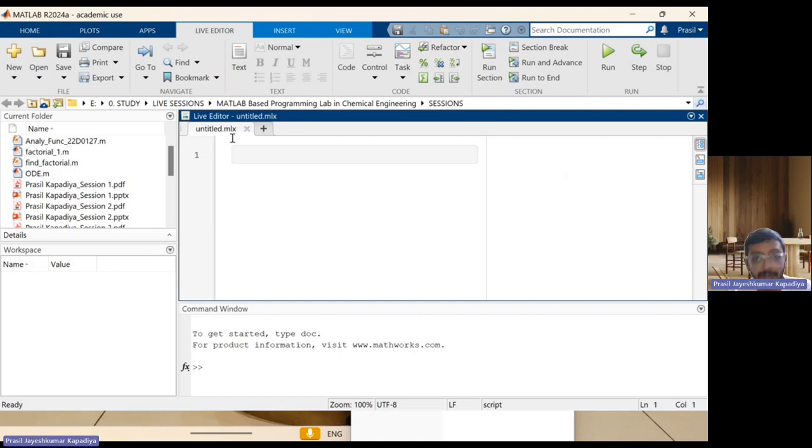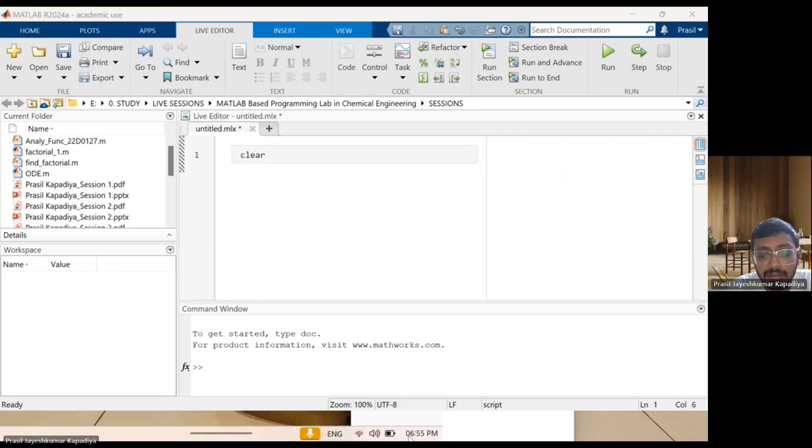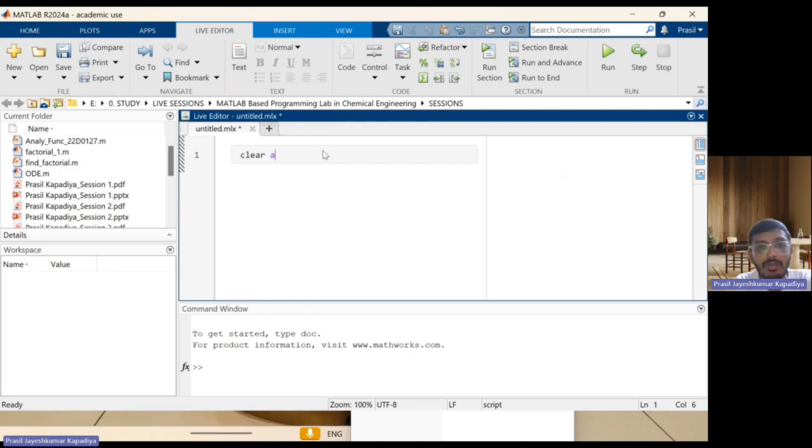Let's see the example problem that I'm taking. So I will first write down clear all and clc. Then let's say I want to solve this particular equation, dy by dx is equal to xy.